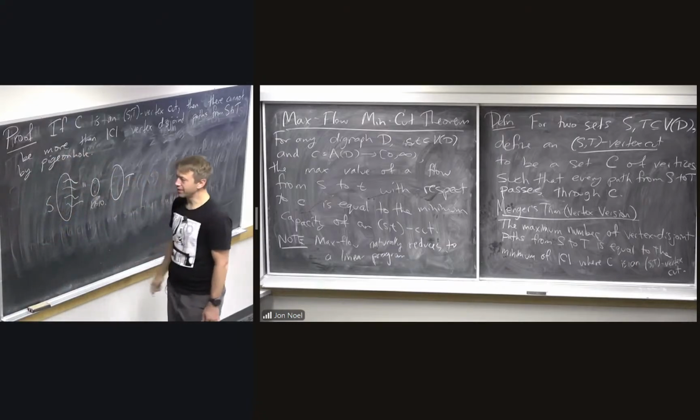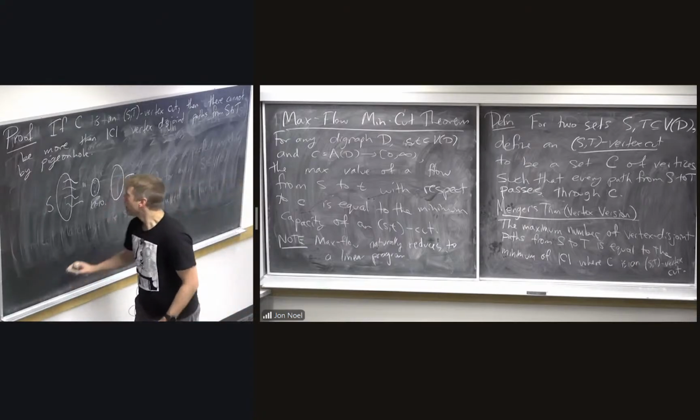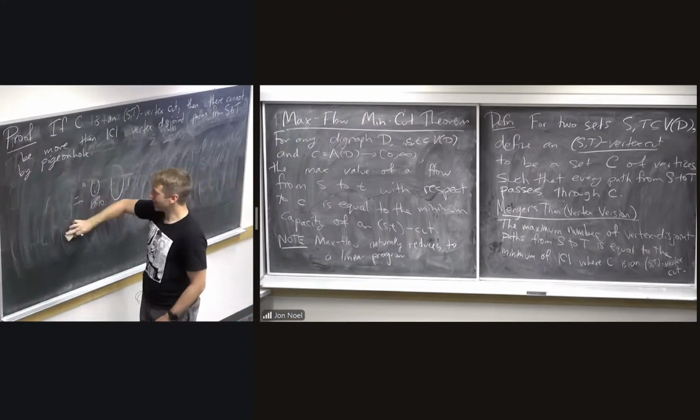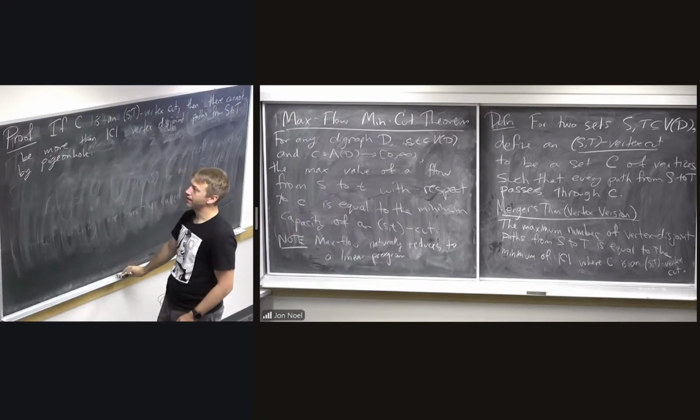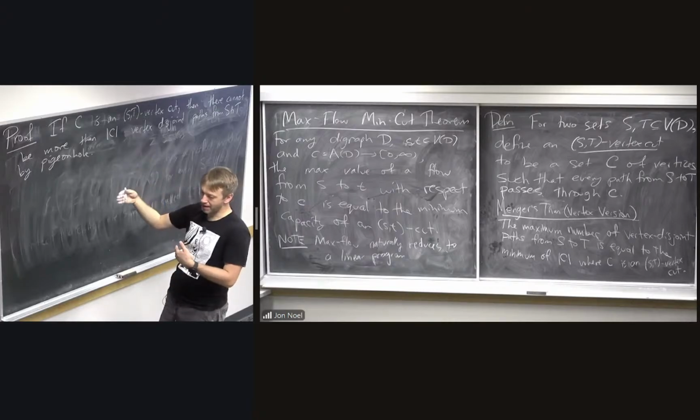Maybe I should be clear what I mean by vertex disjoint paths: a collection of paths that are pairwise vertex disjoint. Is that part clear enough? Okay, so that proves that the minimum cardinality of C is an upper bound for the number of disjoint paths.